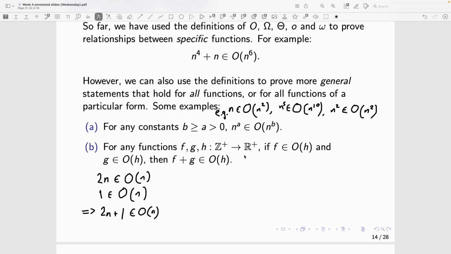But then also, the outputs can be real numbers because sometimes we have cost functions with things like square roots and logarithms. And now that I think of it, those things should probably output integers as well, because you're never going to have a computer take half of a step.